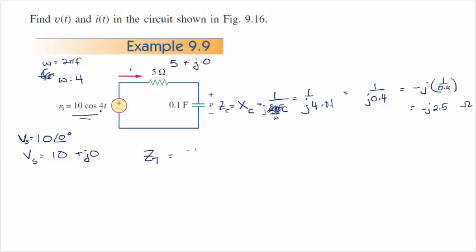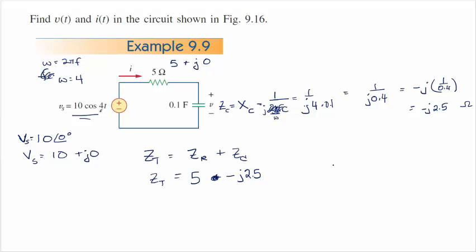So Z total is Z of the resistor plus Z over the capacitor, which equals 5 plus, actually it's minus j 2.5. And that's the total impedance of this circuit, which is resistance that varies with frequency, at a specific frequency of 4 radians per second. So that's what Z total is.